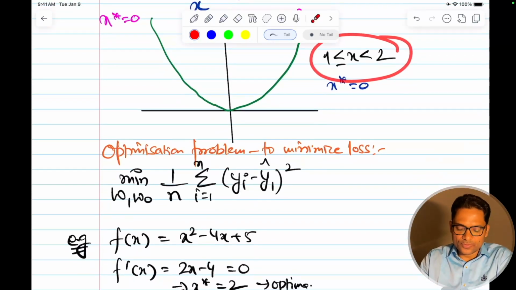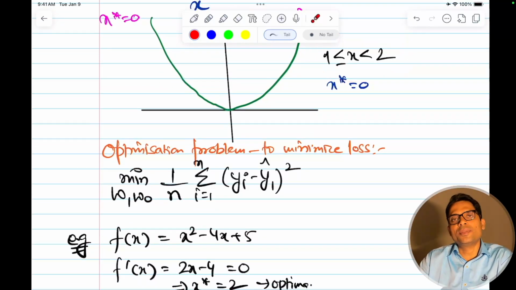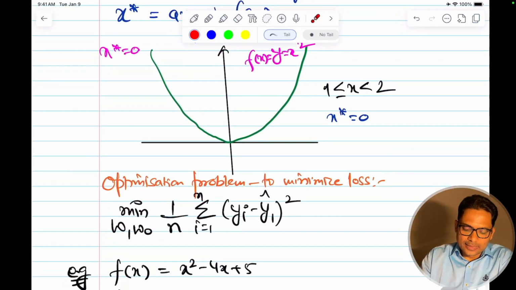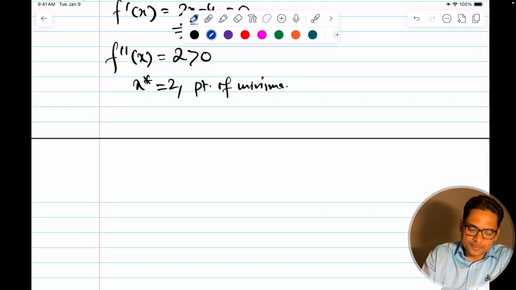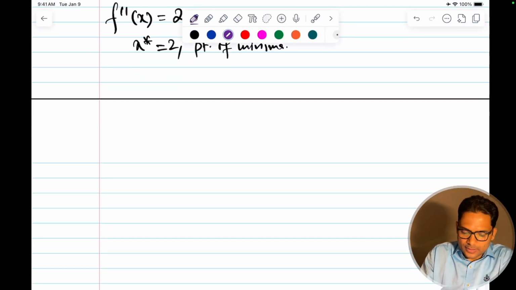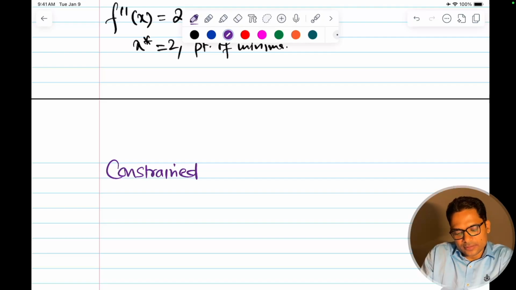I'll give you a few more examples, a concrete example that will make it amply clear. We'll solve this together. But this is what we understand by the meaning of constraints. So this is an optimization, and there can be some constraints on this, and that is called constrained optimization. In the real world we can have constrained optimization.